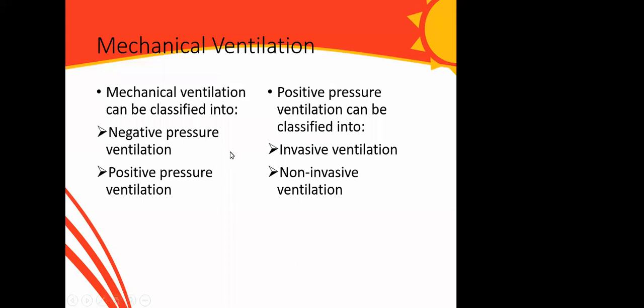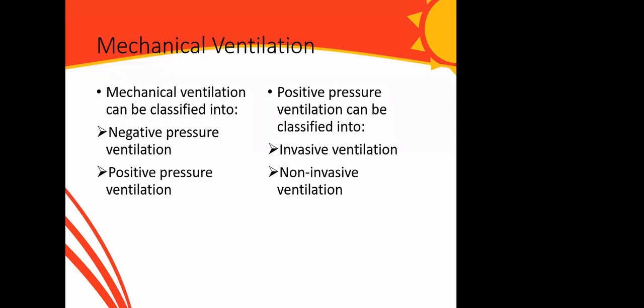Traditionally speaking, mechanical ventilation can be classified into negative pressure ventilation or positive pressure ventilation. Those of us who remember the polio epidemics in the 1950s will remember the iron lung, which is an example of a negative pressure mechanical ventilator. But these days we have the positive pressure ventilator, which is commoner in our settings.